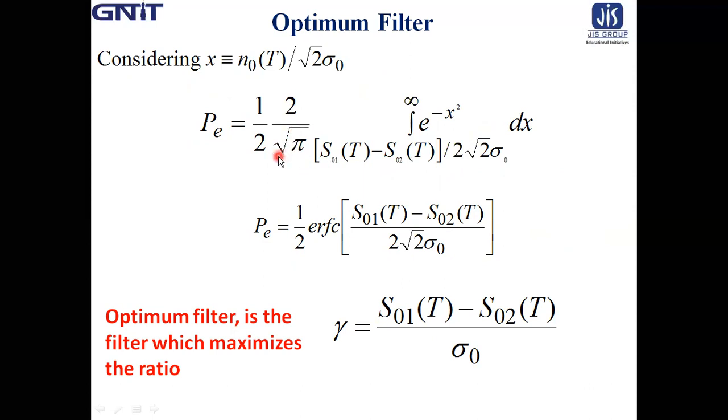So half into 2 by root pi into this part is the complementary error function, so PE equals half ERFC of (S01(t) minus S02(t)) by 2 root 2 into sigma 0. This is the error probability of an optimum filter.